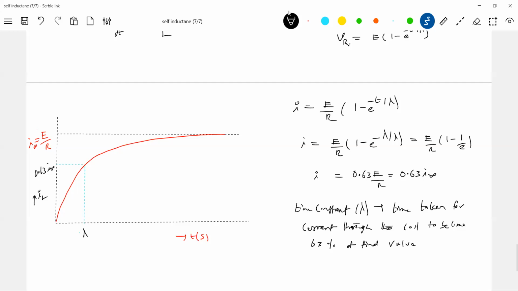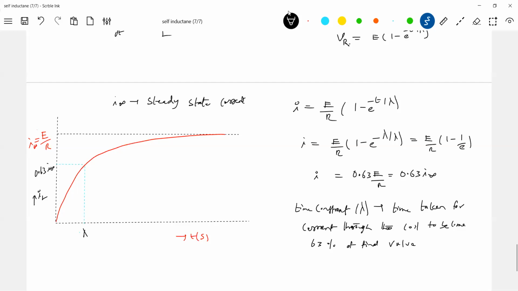Don't call it steady state current here, just call it the final value. That's the method of defining the time constant. Theoretically it is infinity, but practically after 5 lambda it will almost become steady current. So this I infinity I'll call the steady state current.